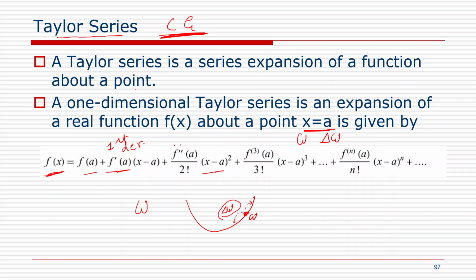This becomes a second order term. We can approximate this function using first order, second order, and third order terms, and we can keep going like this. That is why the Taylor series is used.